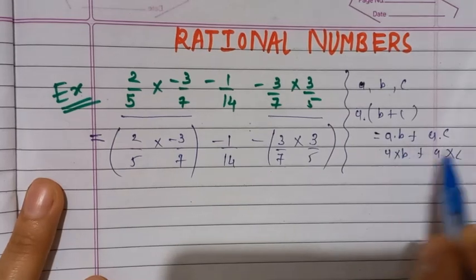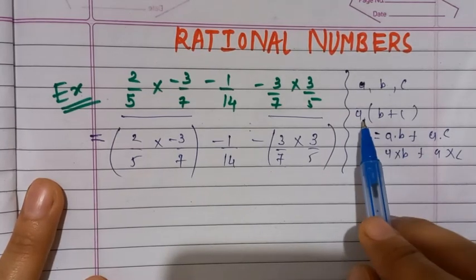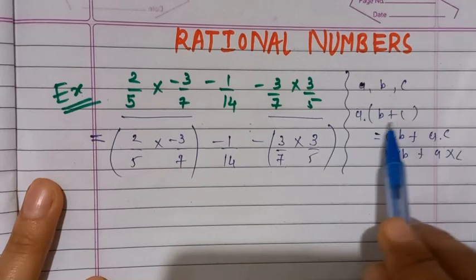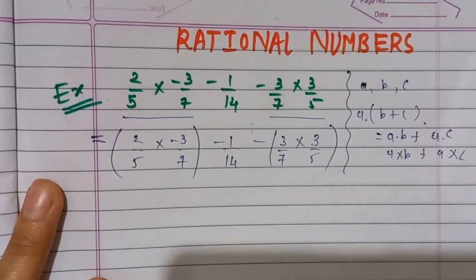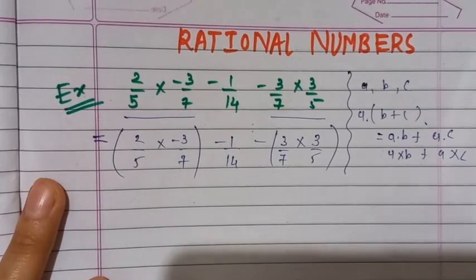So this is distributivity. You can distribute this A to both B and C without changing the answer.